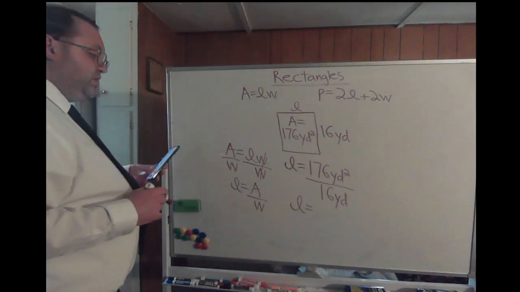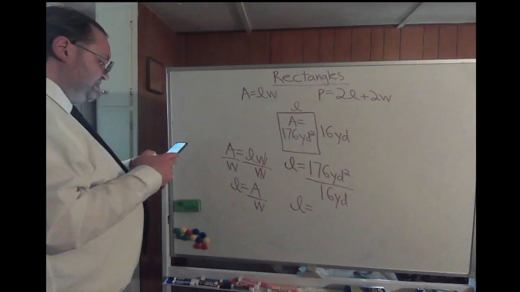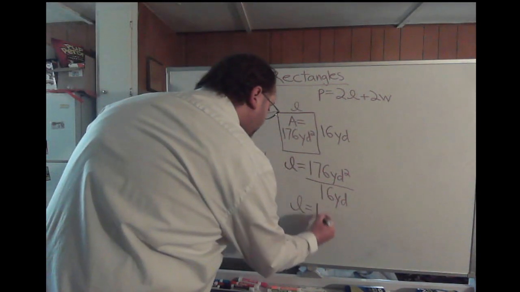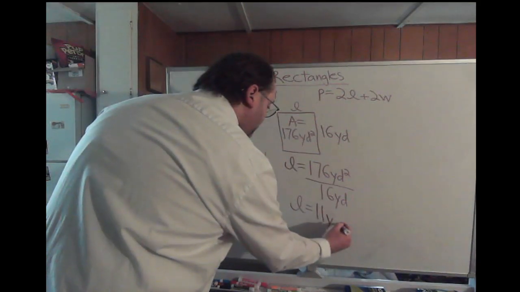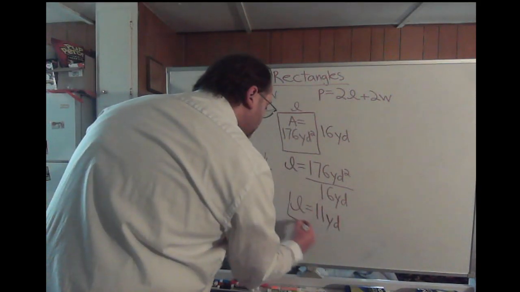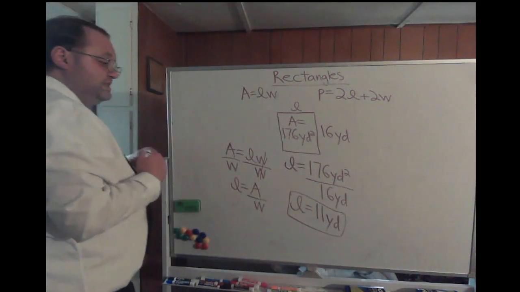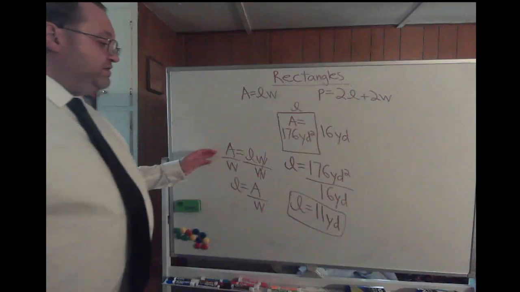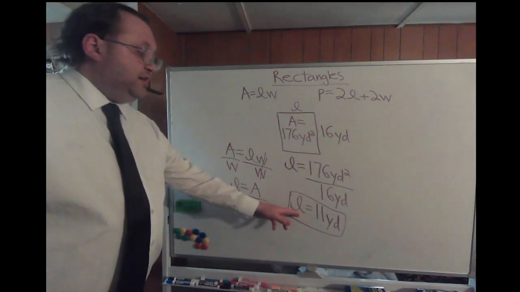That one I don't know off the top of my head. 176 divided by 16 is 11. So the length would be 11, then you have yards squared divided by yards, that would just be yards. So the length of this rectangle is in fact 11 yards. So we have solved and found our missing length.